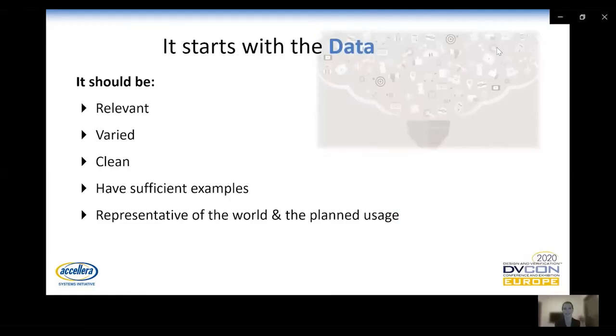Everything starts with the data. This is the fundamental oil, and this is, I would say, the most important part in order to be able to successfully build an AI application. When we're talking about the data, first of all, we need to make sure that we have a sufficient amount of data.